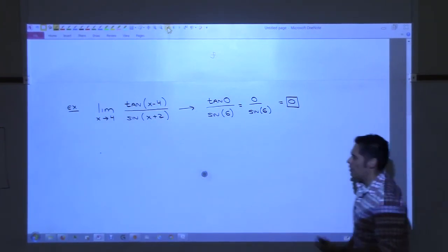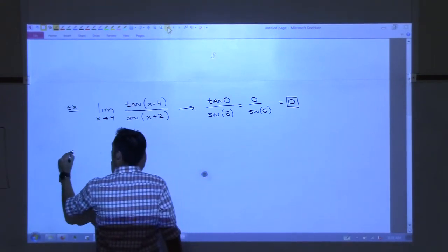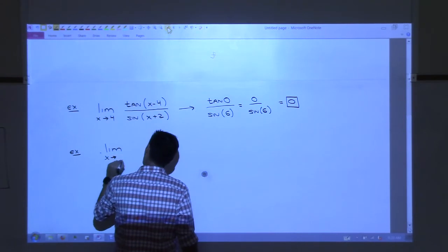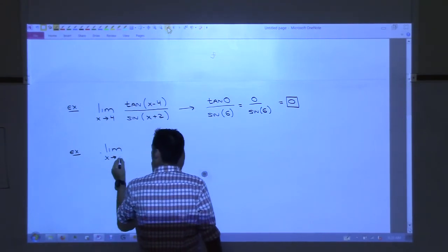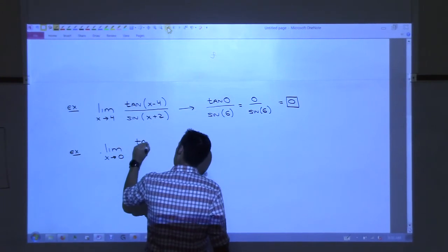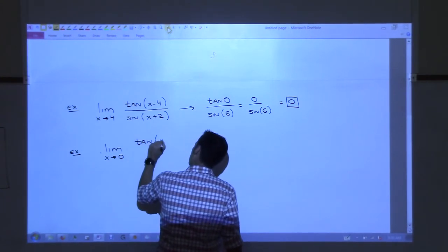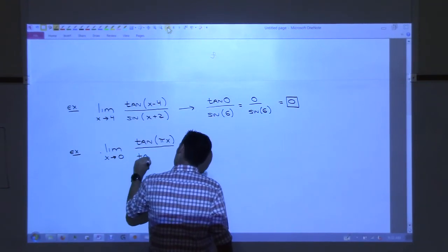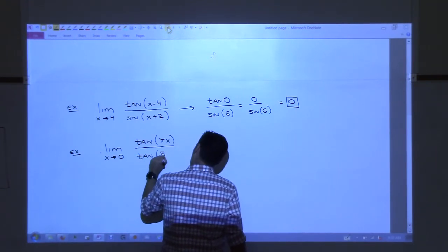All right, let me give you one that actually does require some work. How about the limit as x goes to 0 of tangent of pi x over tangent of 5x.